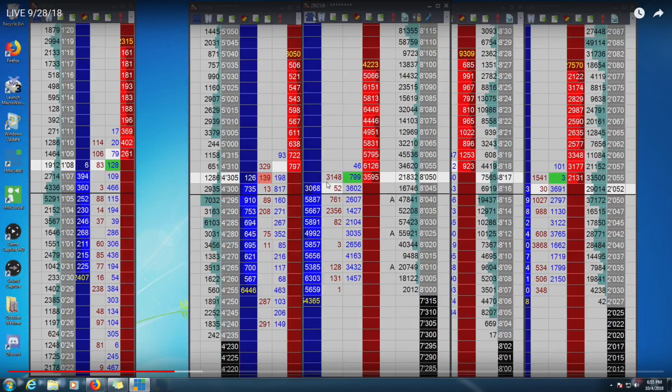So this 3,068 has to be bought up by market orders before the price ticks down. So you would need to see this box go up an additional 3,068 contracts before it ticks down to the next price at 8040. Okay?